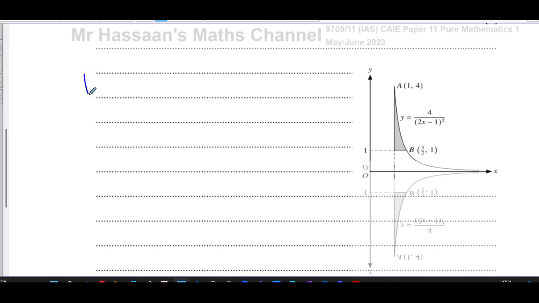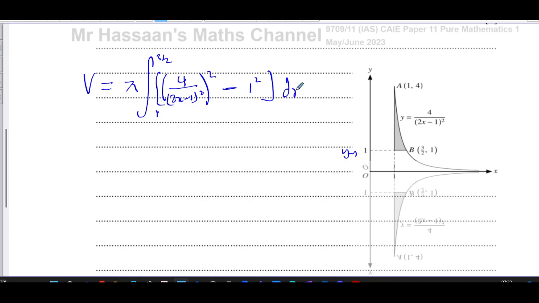I know the volume of the revolution I'm trying to find is equal to pi, I like to write the pi outside, you don't have to, times the integral between the limits of 1 and 3/2 of (4/(2x minus 1)) all squared, minus the y value, y equals 1, squared, integrated with respect to x.